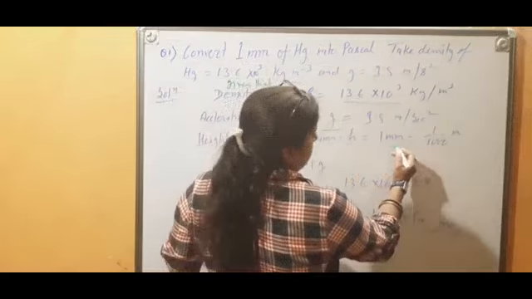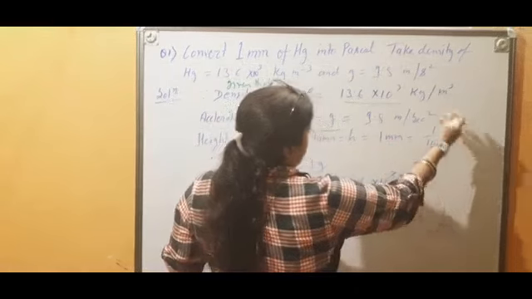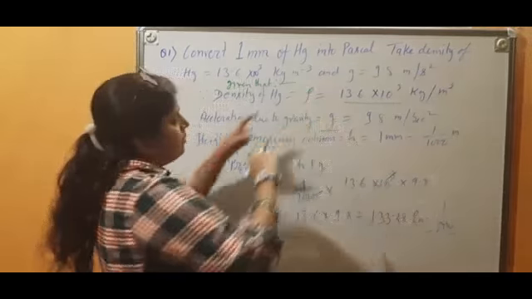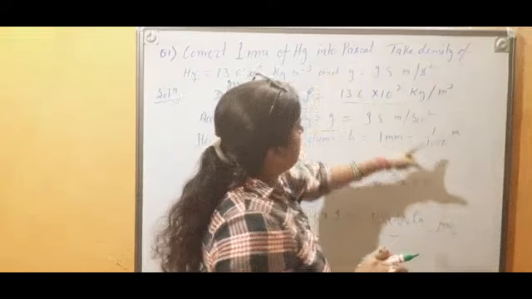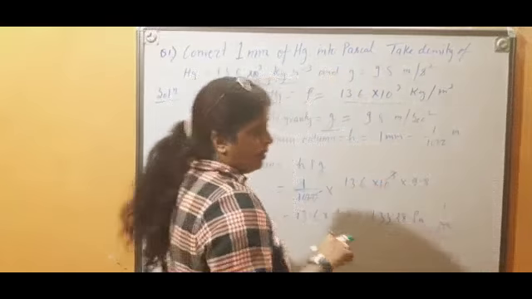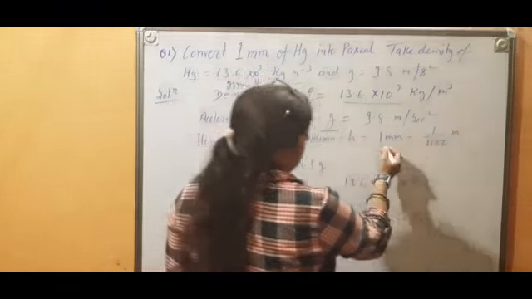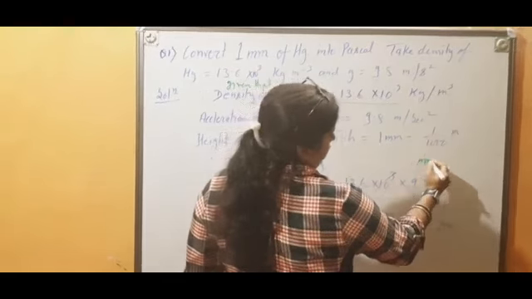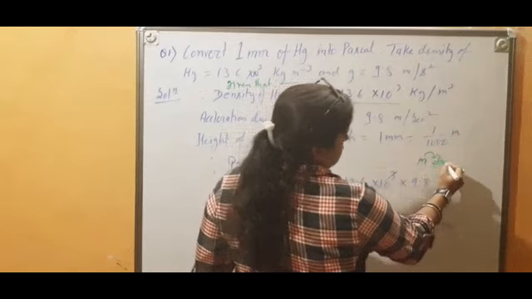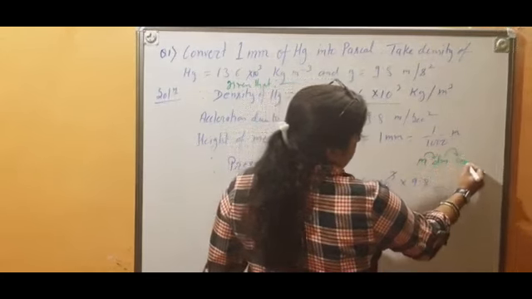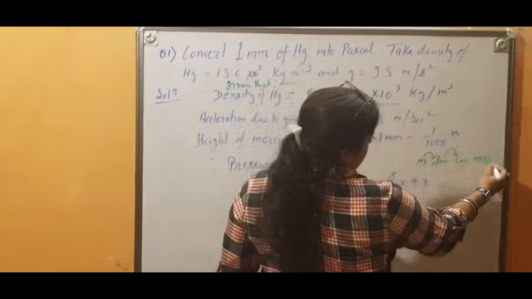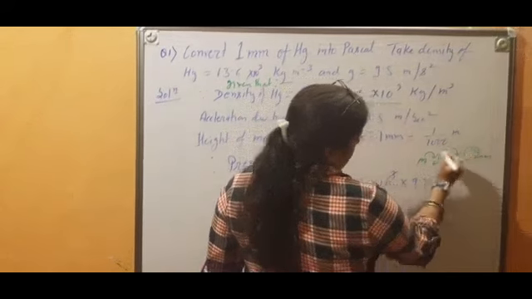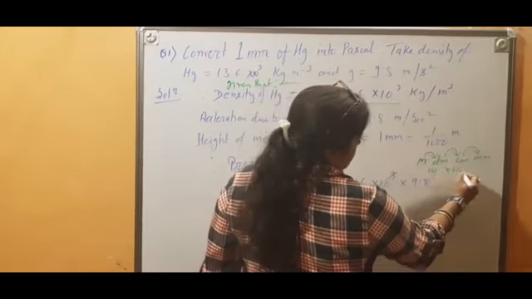So we converted millimeter into meter because our question asked to find the value in Pascal. For that we need to convert into meter. So what I did, I divided 1 by 1000 because you know the conversion. First of all, you convert meter into decimeter, then decimeter into centimeter, then centimeter into millimeter. For each conversion you have to multiply by 10, 10, 10.